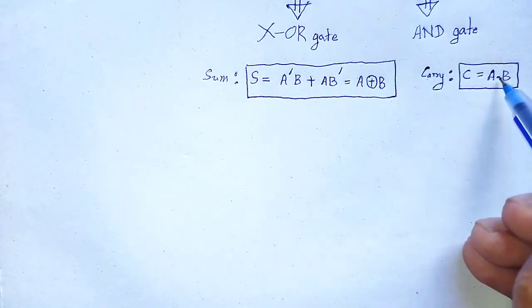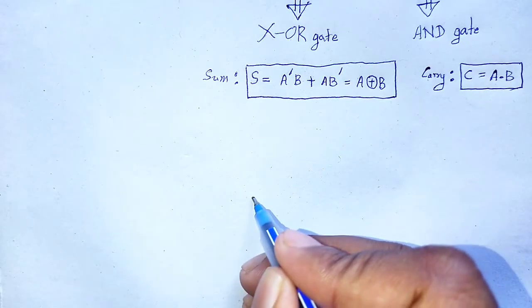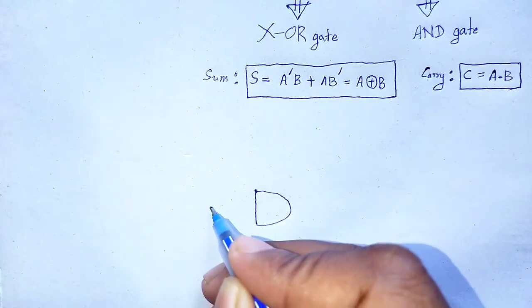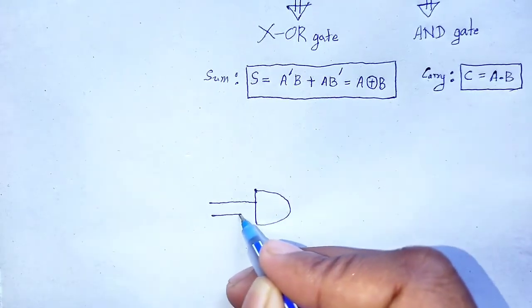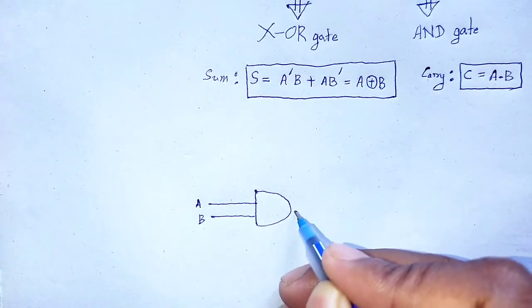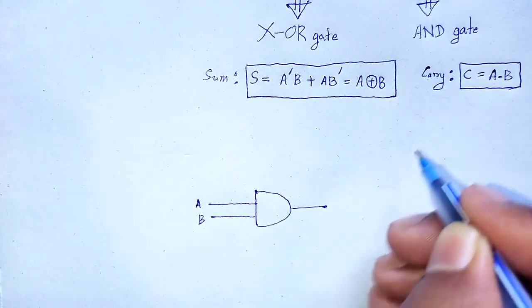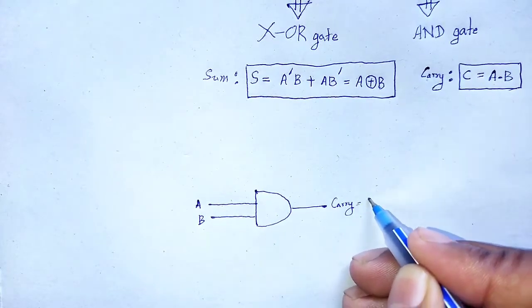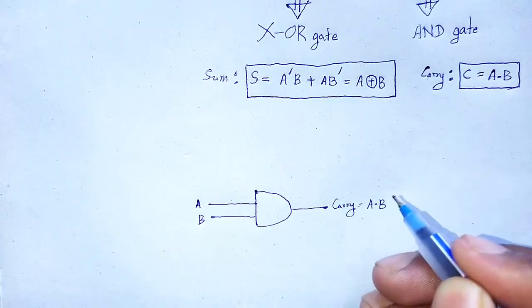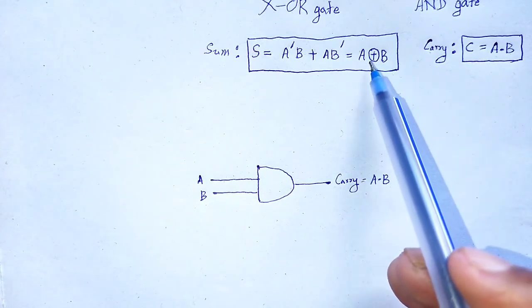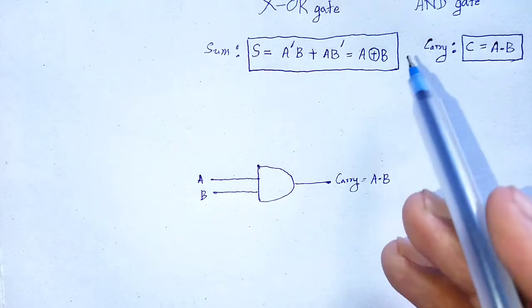For carry, A and B, so draw an AND gate with two inputs A and B, and the output is the carry C equal to A and B. Next, an XOR gate is used.